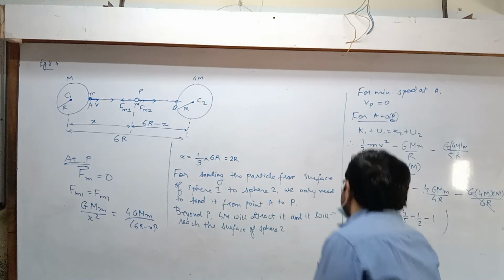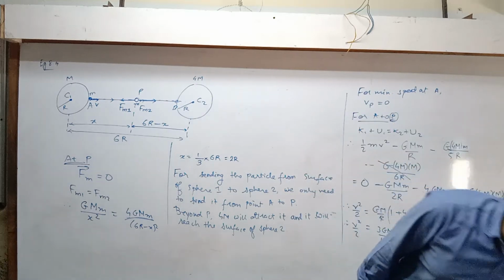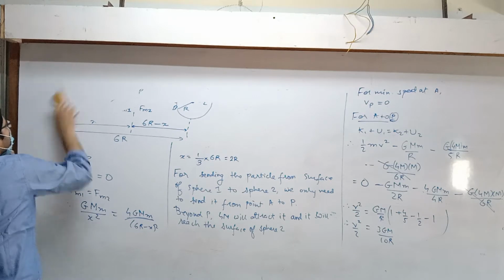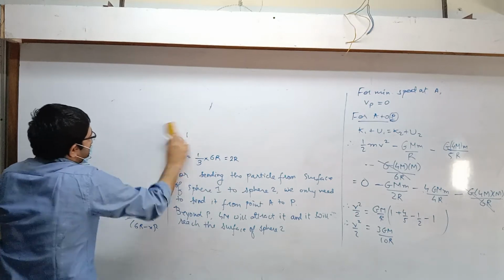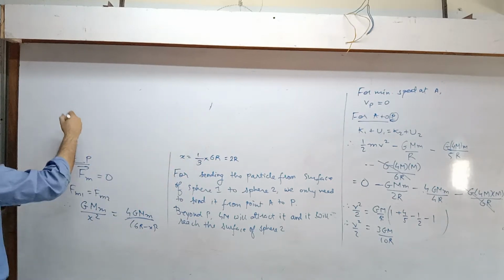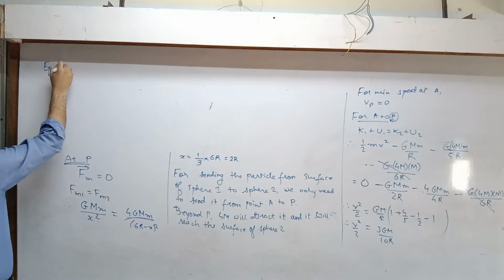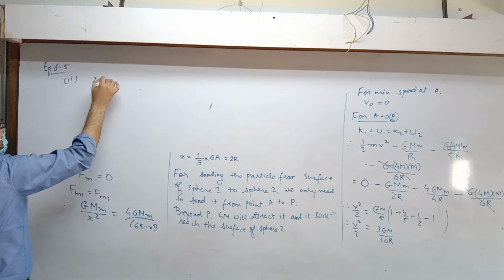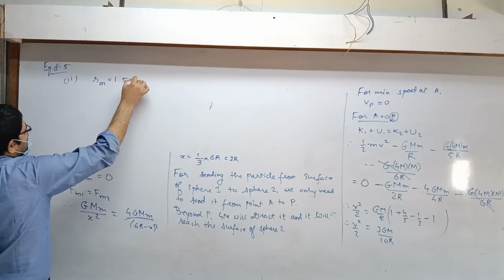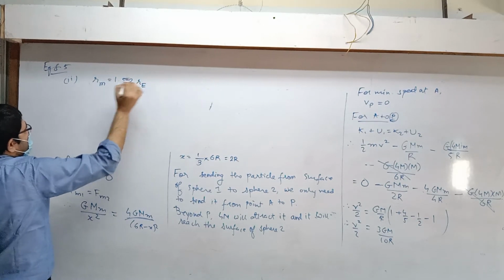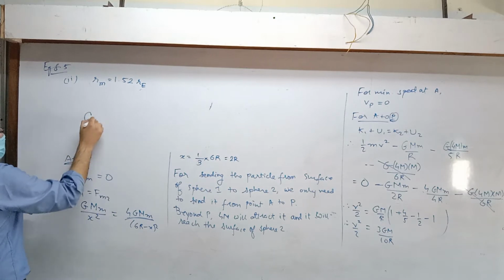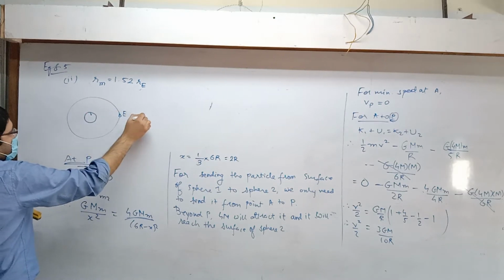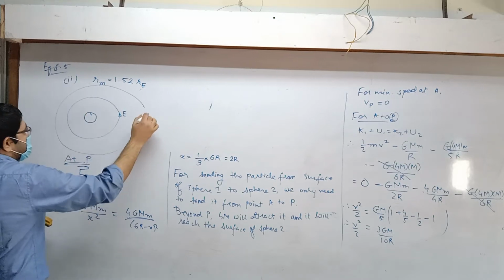So what's given in the second question is that the radius of orbit of Mars is 1.52 times the radius of orbit of Earth. If we draw a diagram, here is the Sun, this is Earth moving in a circle, and this is Mars moving in another circle.